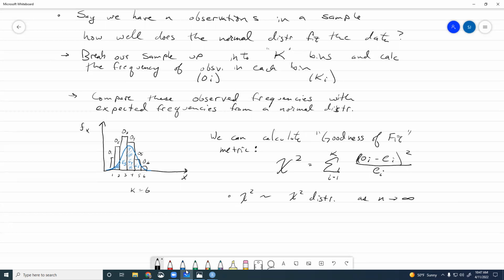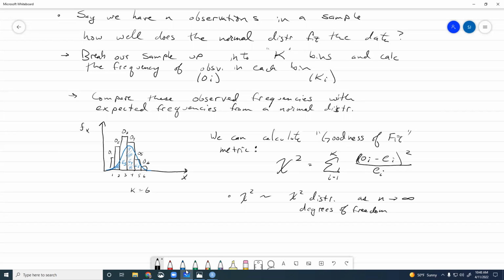And then there's one other parameter. The chi-squared distribution has a parameter, which is just our degrees of freedom. So when we plot the chi-squared distribution, we need to know what that is.